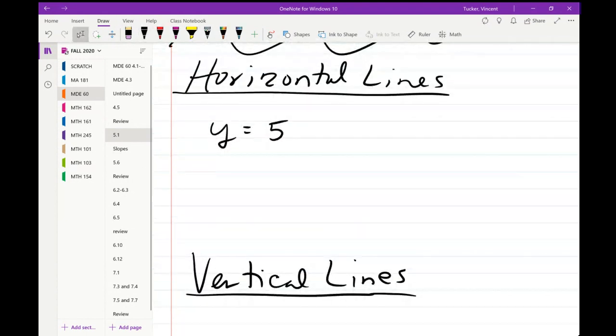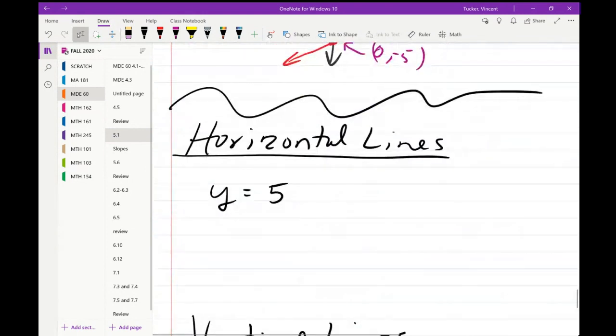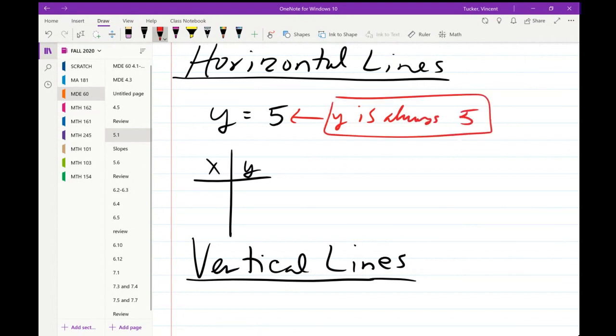Whenever my equation just says y equal to a number, notice previous problems had x and y involved. If all you see is y, you should get a horizontal line. What this means is that y is always 5. So no matter what x is, y is always going to be 5. If you set up an XY chart, no calculation is needed. If you decide to go negative 1, 0, and 1, y is going to be 5 no matter what.